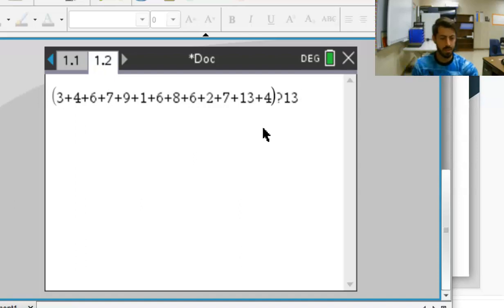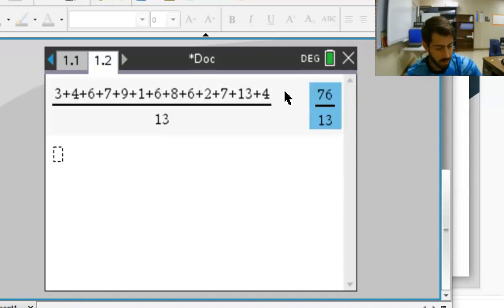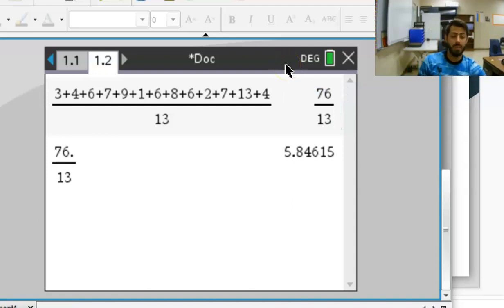Since I have 13 measurements, I will divide by 13. There you go. My average is 5.84615. So on average, a little less than 6 people per hour ordered a large drink.